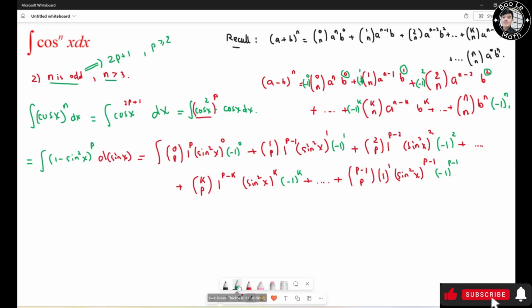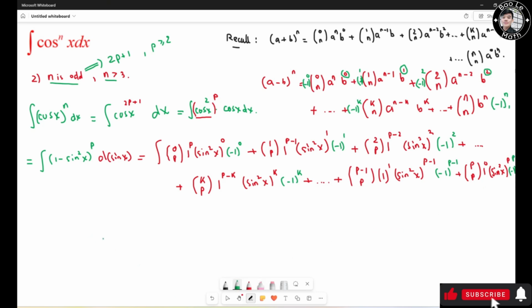And the last one is the combination of p, p, 1 raised to the power of 0, sine square of s altogether raised to the power of p, times negative 1 raised to the power of p, right?